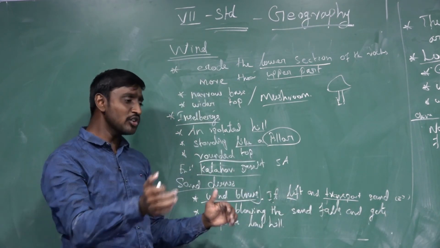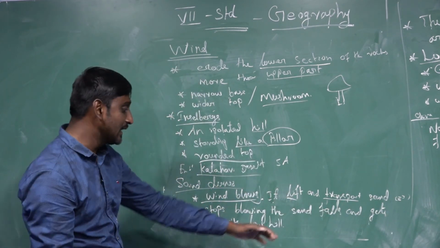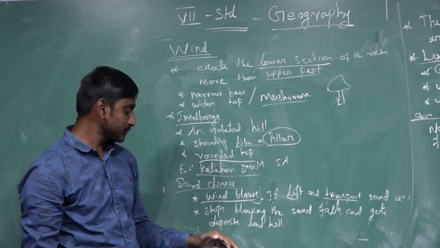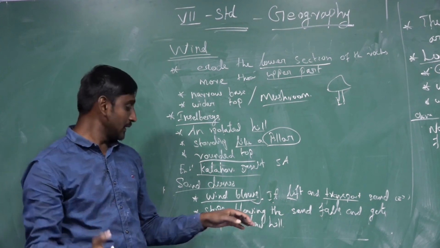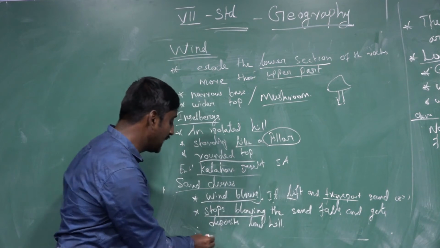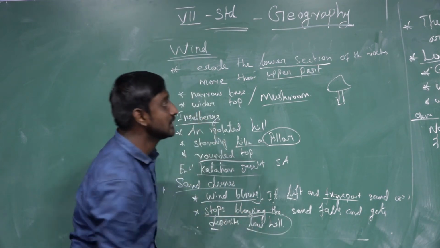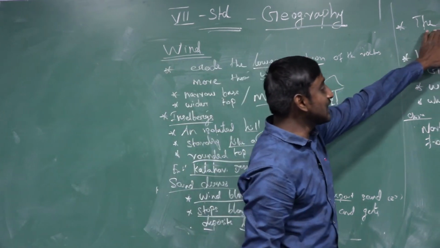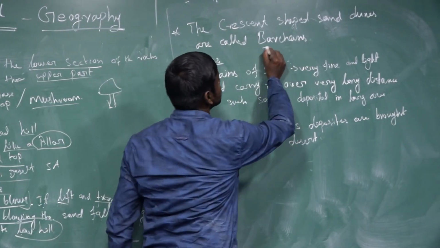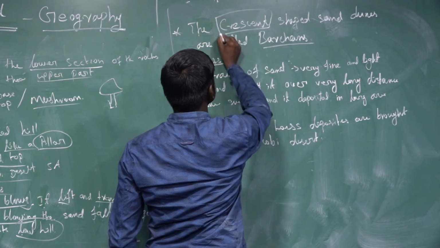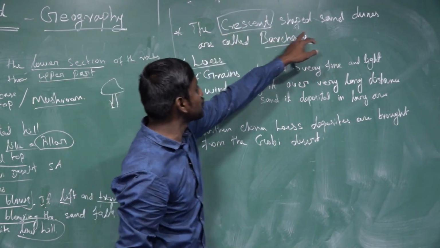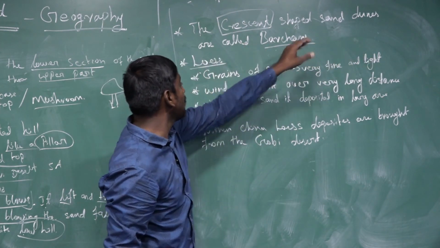And then when the wind stops blowing, the sand falls and gets deposited in low hills. Next, the crescent-shaped sand dunes are called barchans. The crescent means moon shaped. The crescent-shaped sand dunes are called barchans.